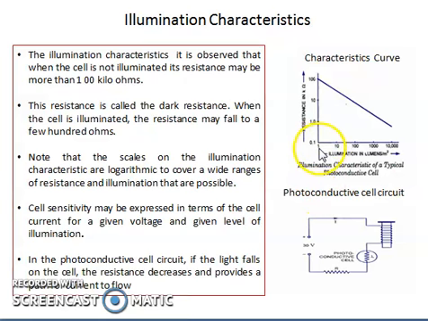The low intensity light provides a maximum resistance, and that resistance is normally called the dark resistance. And when the cell is illuminated, the resistance may fall to a few hundred ohms. So from the characteristic curve we can find that whenever the intensity of light increases, the resistance automatically gets reduced.